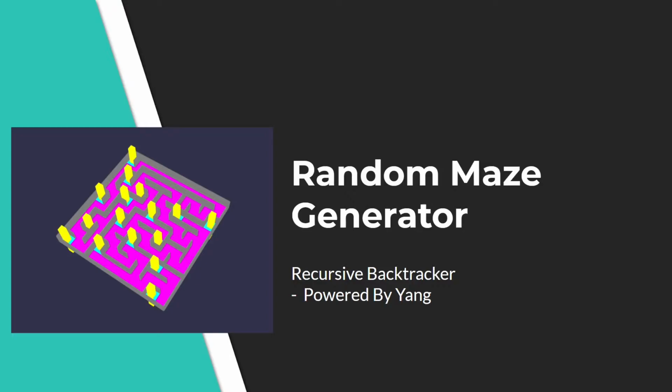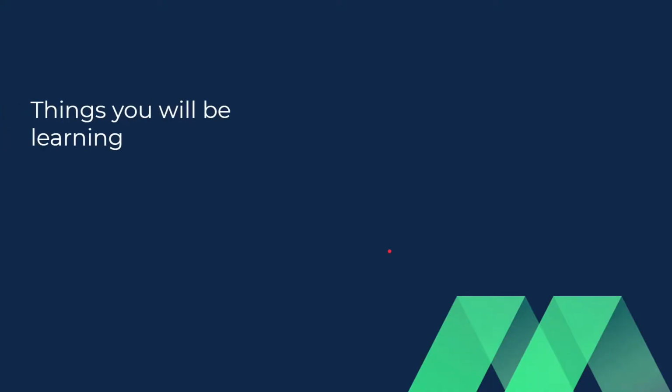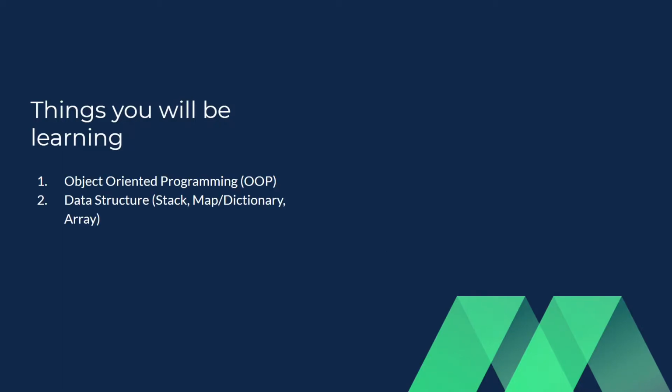So what's the concept behind all of this maze generator? It's actually pretty simple. The things you'll be learning today are object-oriented programming, OOP. How do you manage them? Second, the most important thing in this entire maze generation is data structures and BabylonJS, as you need it to render the scene.